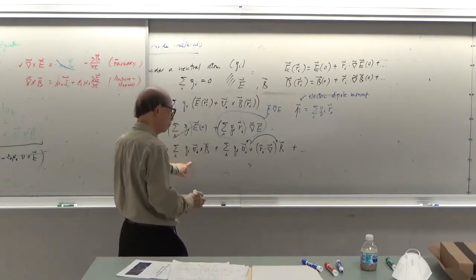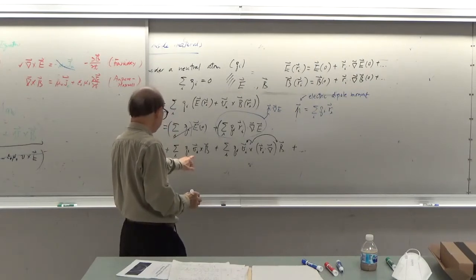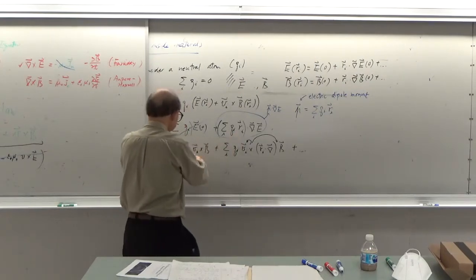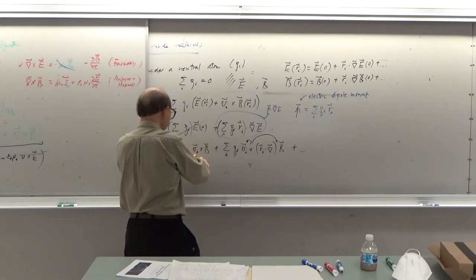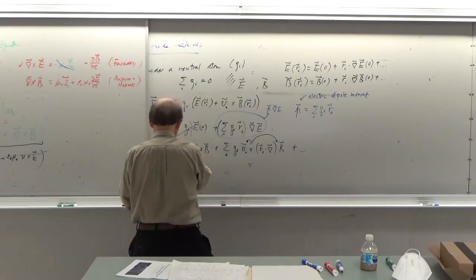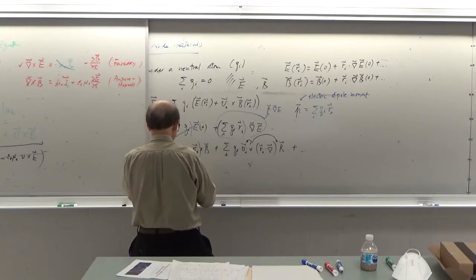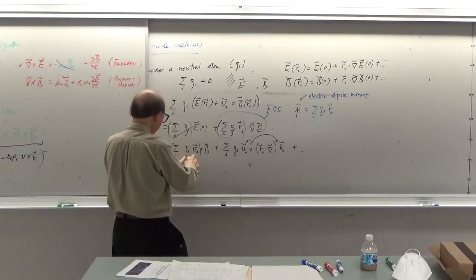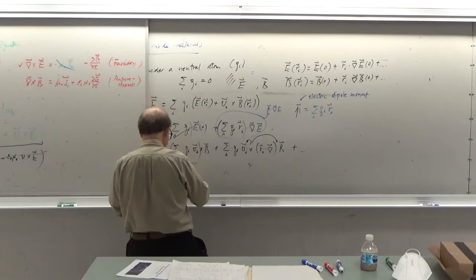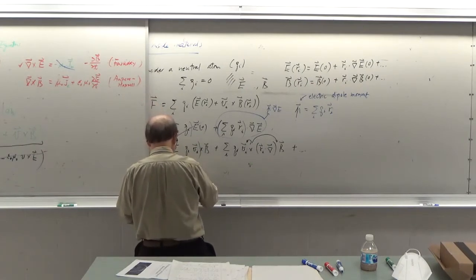What about this term? Well, this term, instead of Ri, has Vi. Okay, I can put a bracket here. This is nothing but the time derivative of Qi Ri. So it's dP by dt.